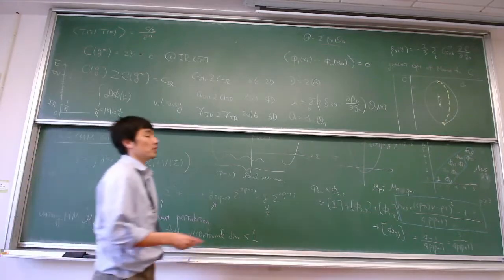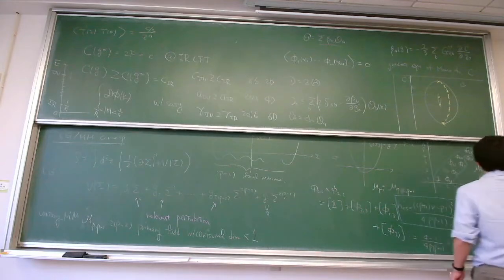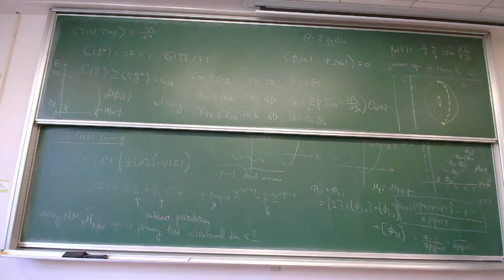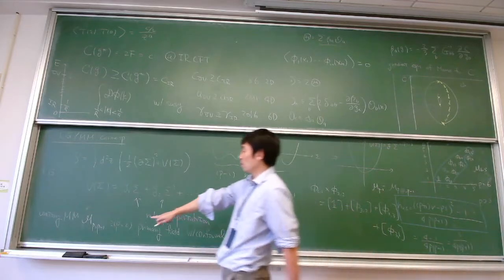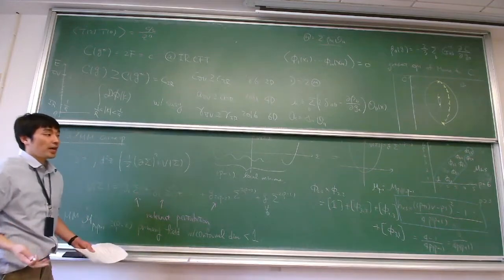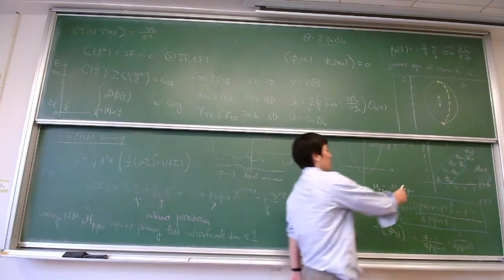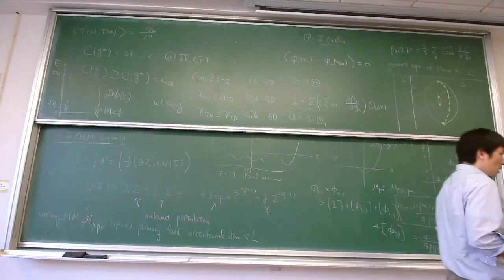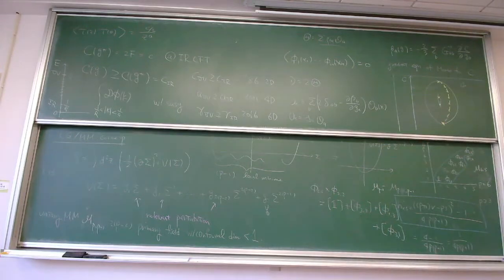In this case, P is equal to 6, so you plug it in here: 2 times 4 means 8. And you can check that there are 8 primaries with conformal dimension less than 1. Okay, so this is the case. I will change the notation of the lecture note later.